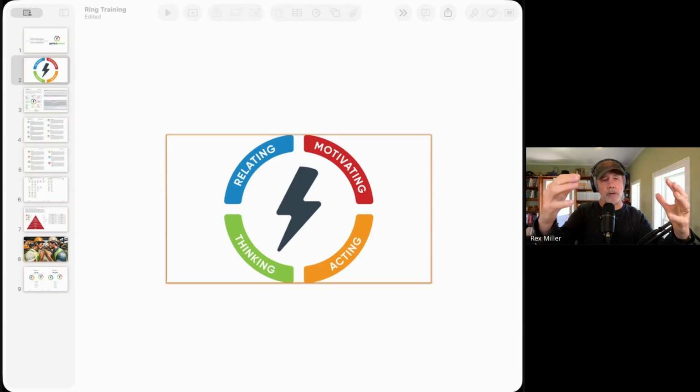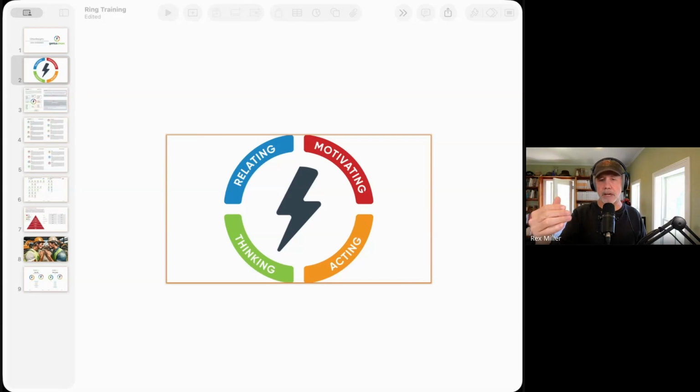Now, when we look at other kinds of combinations, what we see are the blue and the green together. On the left side, the more strengths on the left side, the more someone will be what we call that trusted advisor, that thoughtful, relational individual.